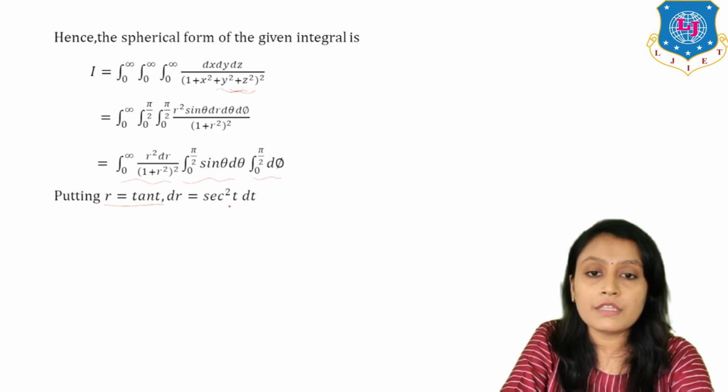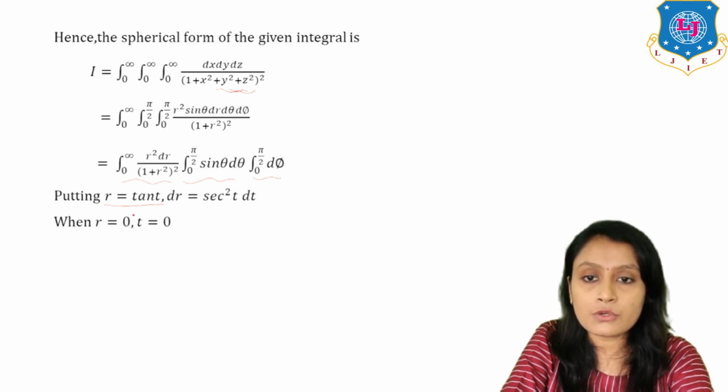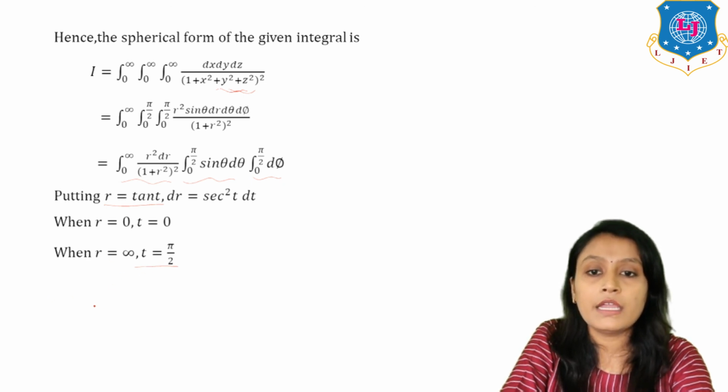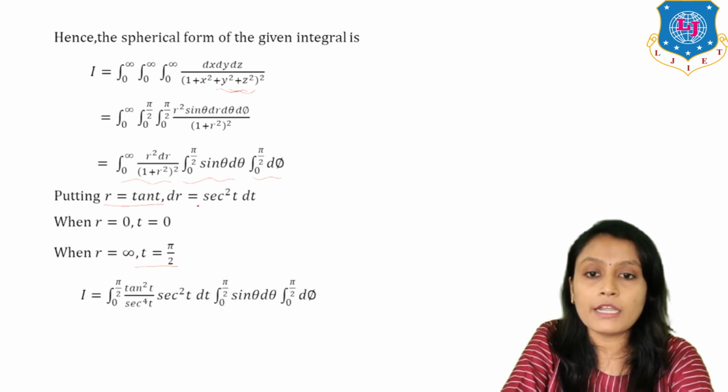Now we are changing the variable, so we will change the limits also. For r equals 0, you will get t equals 0, and for r equals infinity, you will get t as pi by 2. So the new limit of t will be 0 to pi by 2.